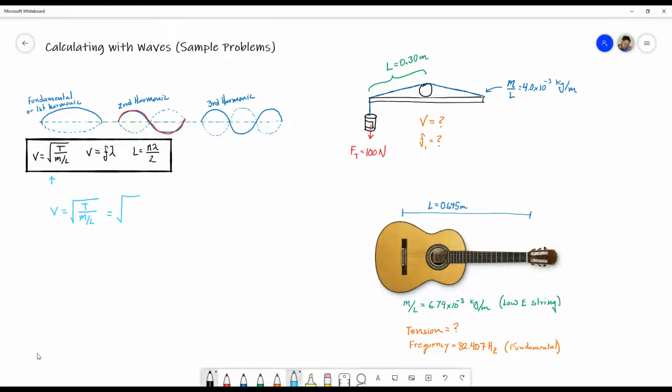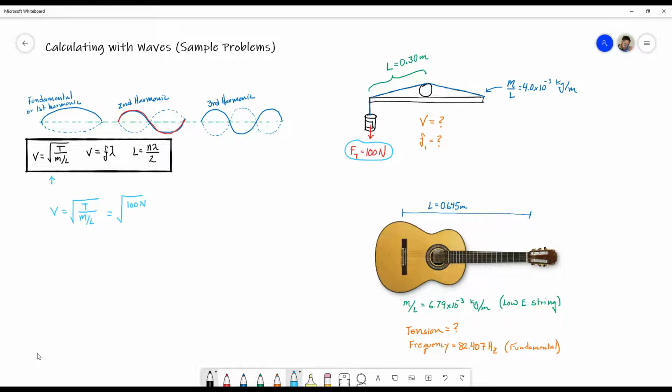So I'm going to go ahead and carry that square root over and plug in the pieces that I already know. This tension is over here on the side. I have it written right there as force with a subscript T, so the force of tension here, which is 100 newtons. Often in physics, we end up with a different label, and it's good to be consistent, but often we end up with things that are slightly different than one another.